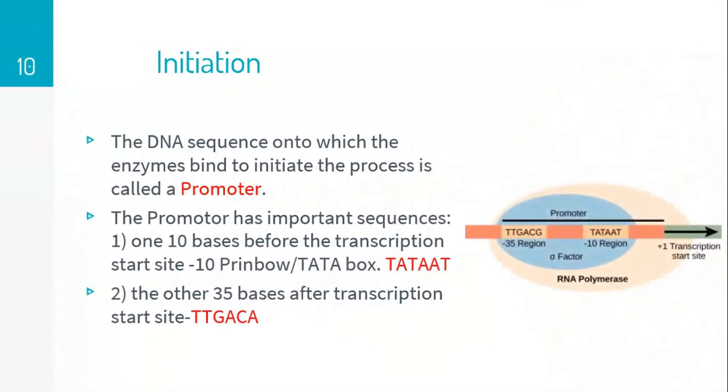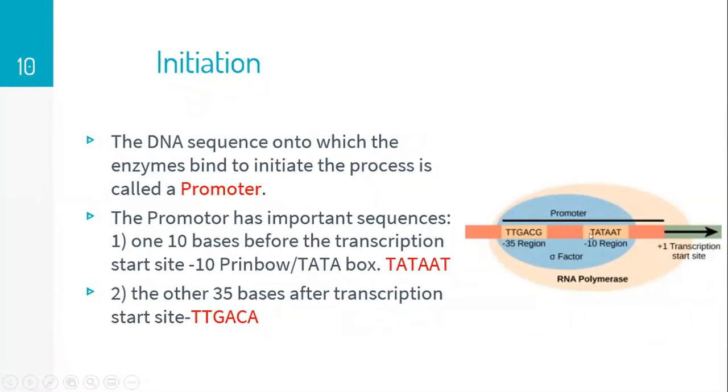All right, so we're dealing with the promoter section of it. There's going to be something called a promoter, where basically everything starts. The DNA sequence onto which the enzymes bind to initiate the process is called a promoter.